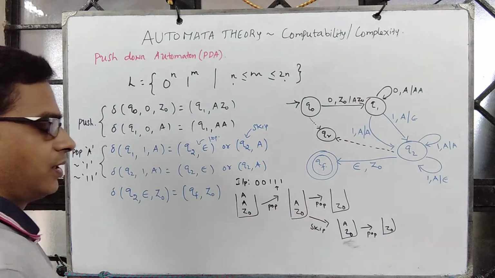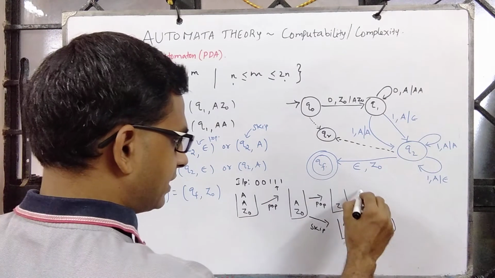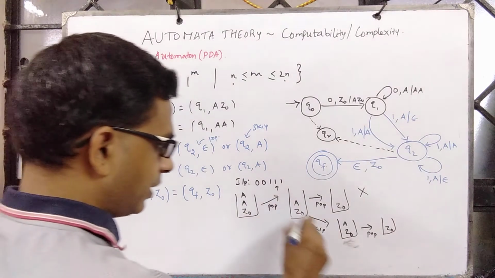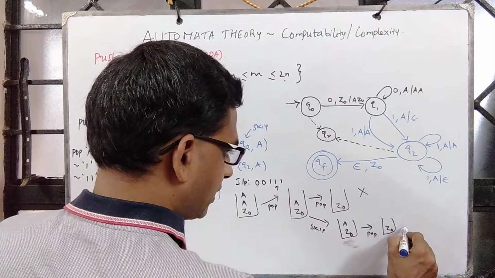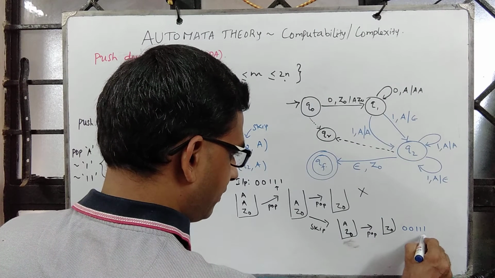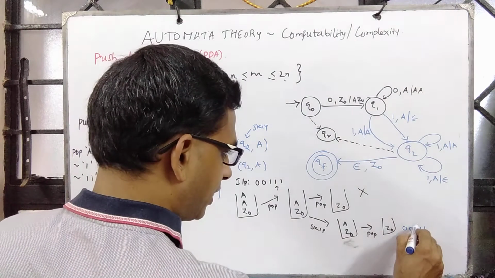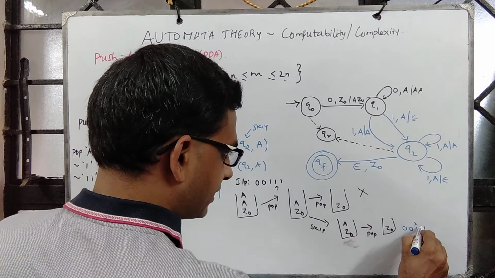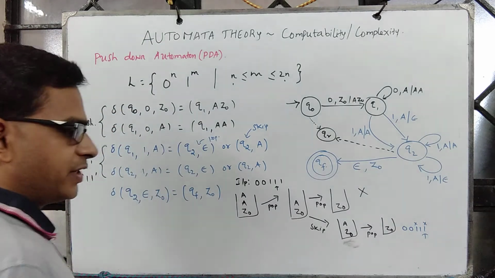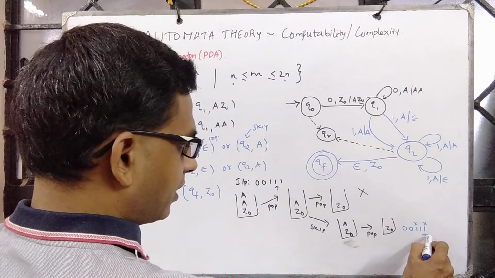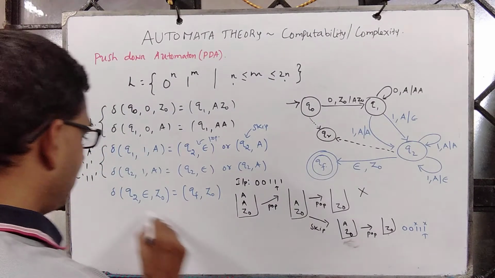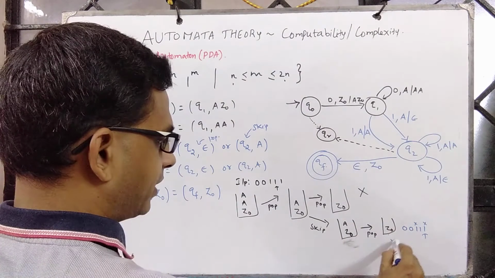Now this sequence is invalid, but here is a sequence in which you have performed 1 pop and then skip and then pop for this, which means input is exhausted, stack contains Z0, that's valid, so you accept this string.